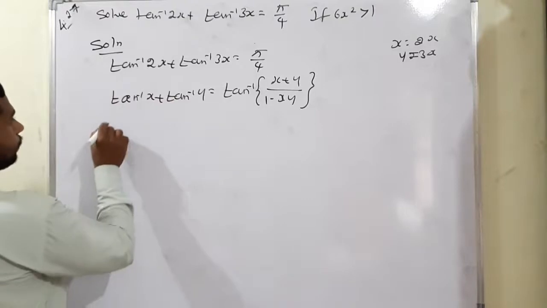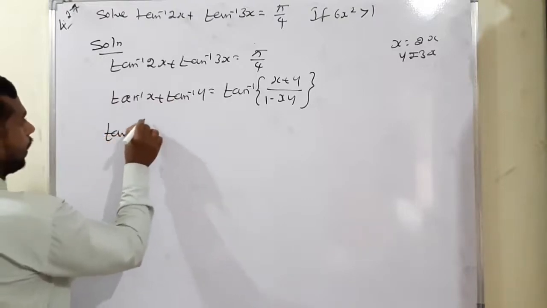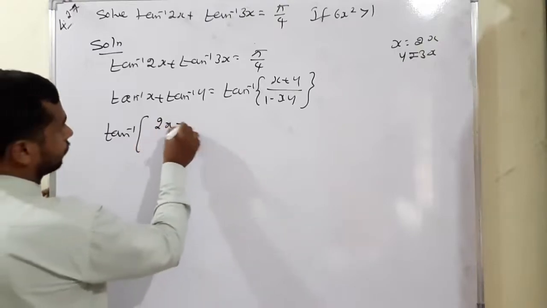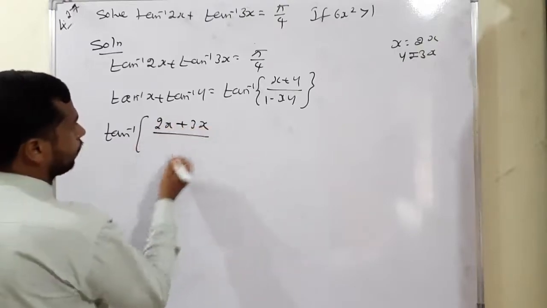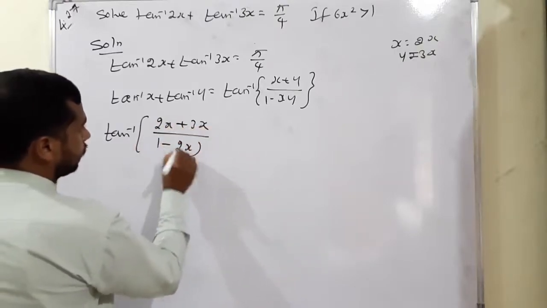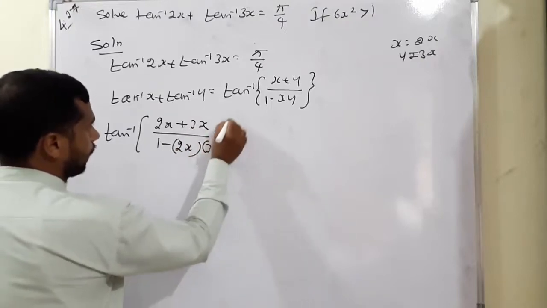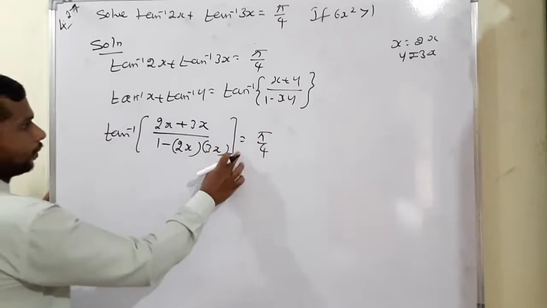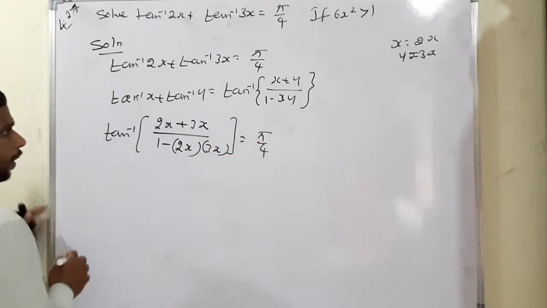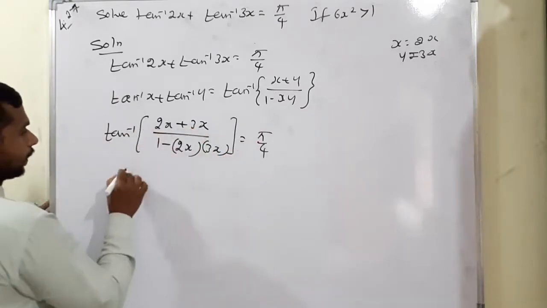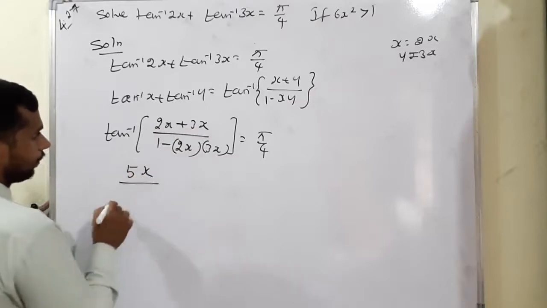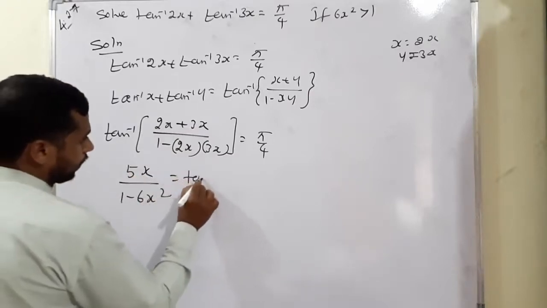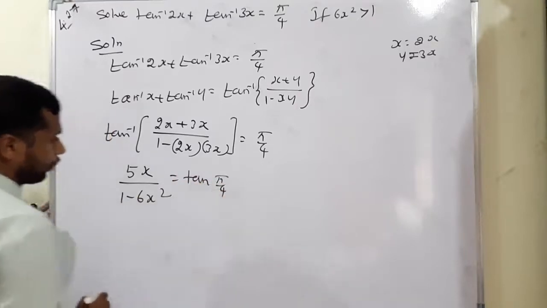Now tan inverse of 2x plus 3x divided by 1 minus 2x into 3x is equal to pi by 4. Bringing tan inverse to the other side, 2x plus 3x means 5x divided by 1 minus 6x square is equal to tan pi by 4.